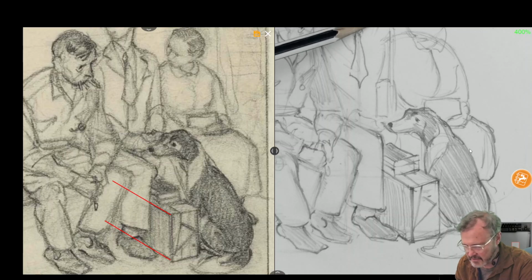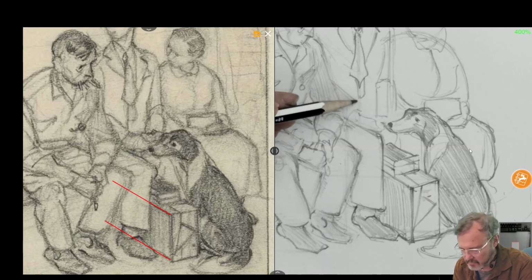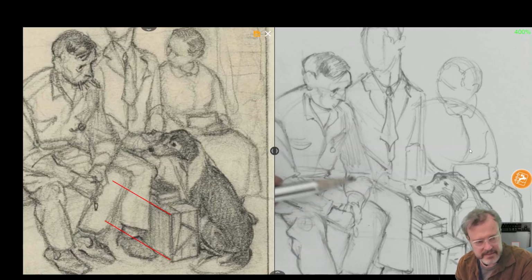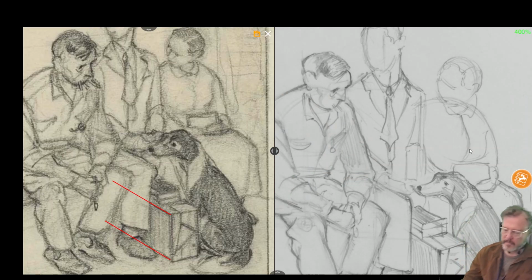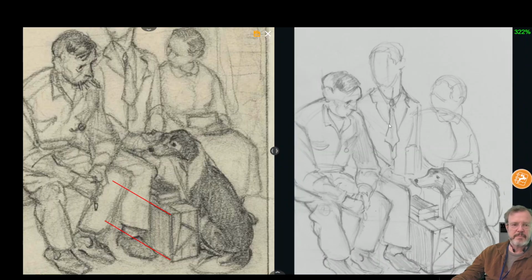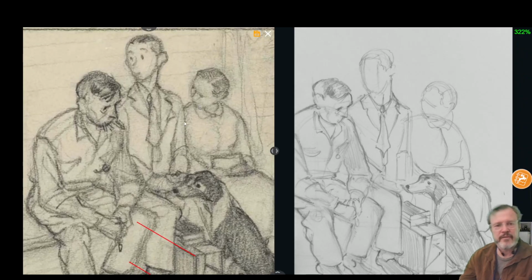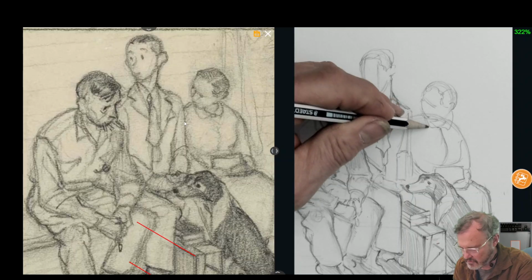It's interesting to think how long this drawing might have taken him. I'm guessing it probably took him about as long as we're spending, like maybe an hour. And if he used photographs for this, he would have spent more time setting up his photographs than doing this drawing.